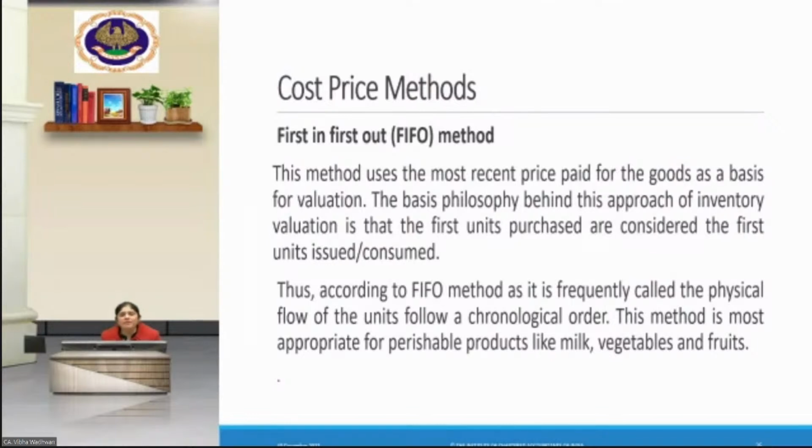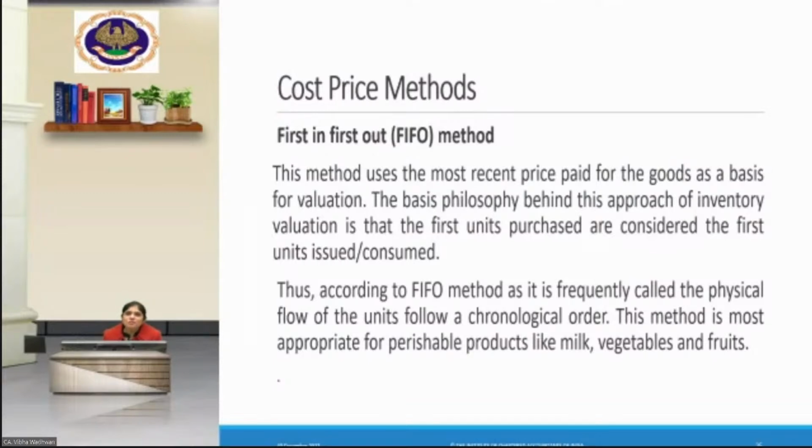How much am I left with? So whatever stock I'm left with, maybe after a month or after a week or after a year, that means the closing stock. So basically, the first and foremost reason to maintain the store records for issues is to know what value will be attached to the closing stock.